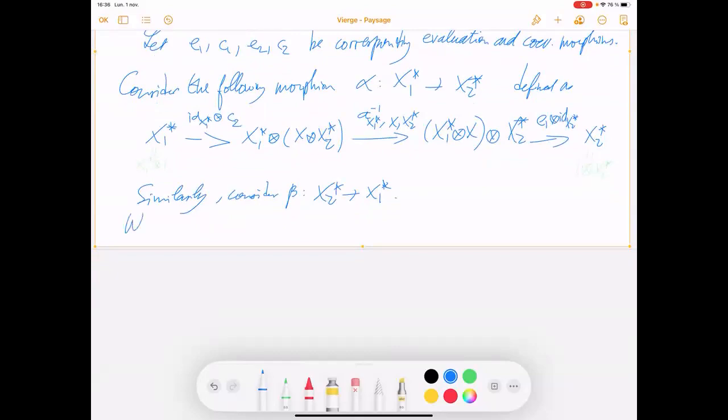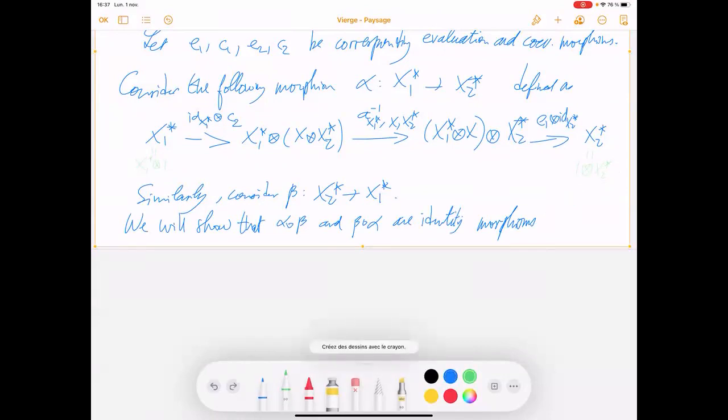And we will show that alpha composed with beta and beta composed with alpha are identity morphisms, so that alpha is an isomorphism.